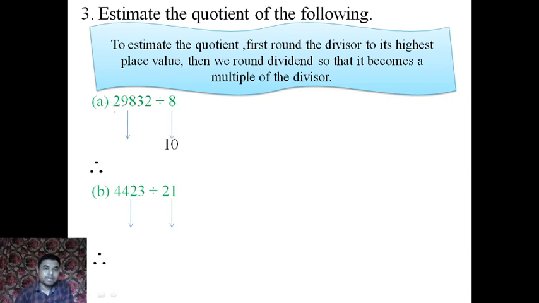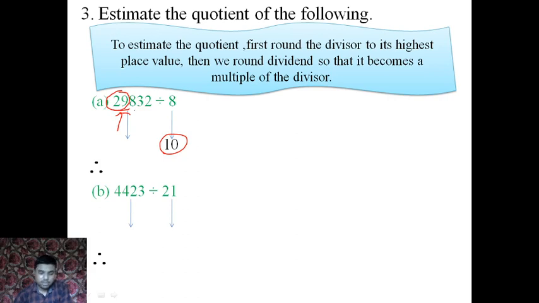The next step is very important. Look here, 29. You have to choose a number which is a multiple of 10 and closer to 29. Just count the table of 10: 10 ones are 10, 10 twos are 20, 10 threes are 30, 10 fours are 40. 30 is closer, so in place of 29 we will take 30.